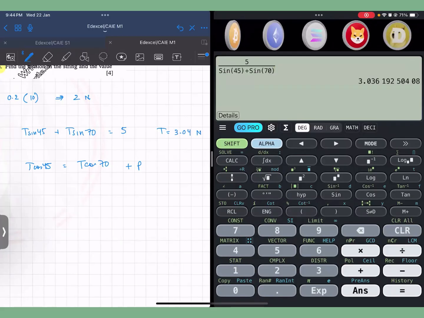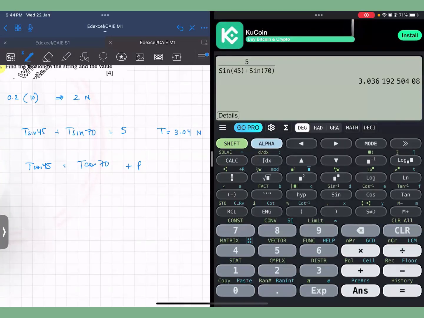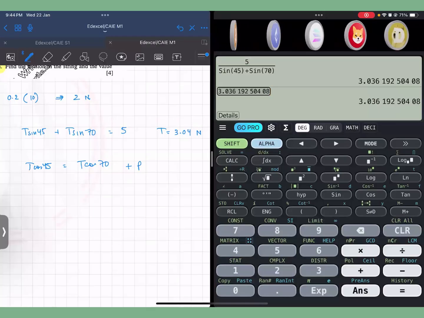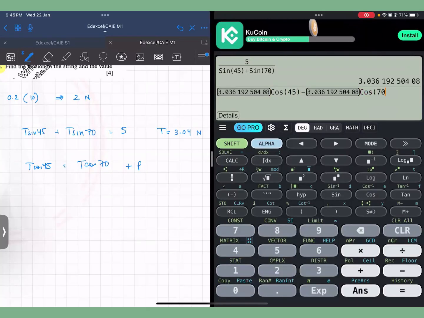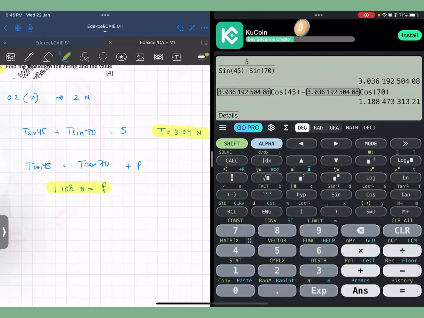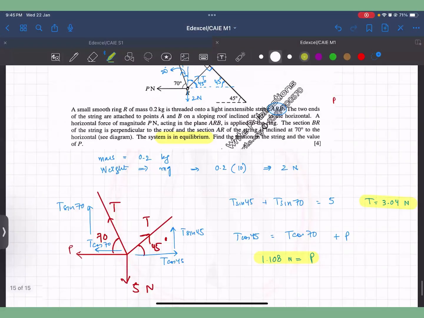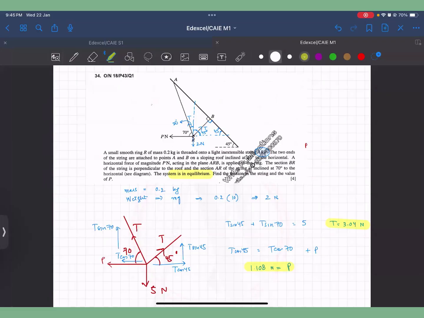Now you can replace it in the second equation: this answer cos 45 minus the same answer cos 70. This gives you 1.108 is equal to P. These are the two answers. That's it. The main problem was understanding this diagram and using angle properties slightly.